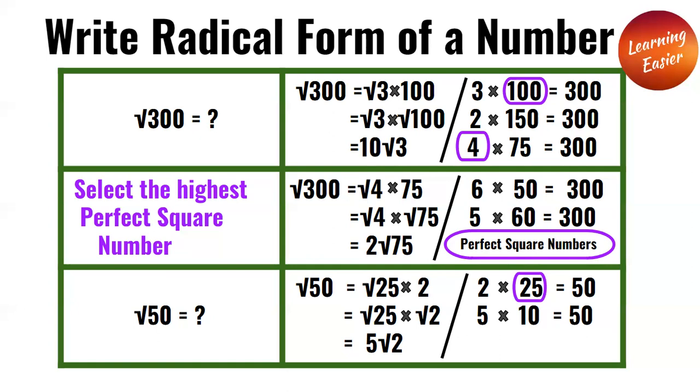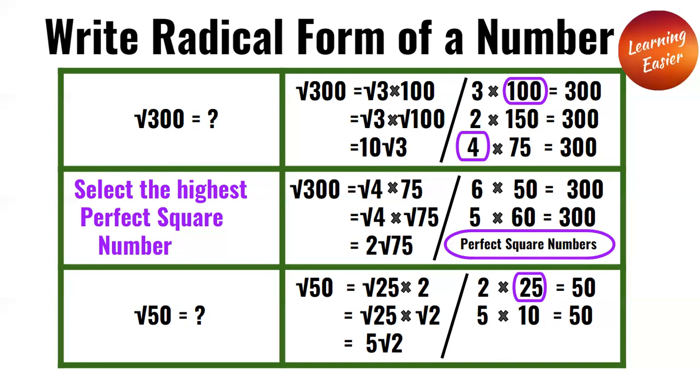Even if 4 times 75 could work, it's not the highest, and they could mark it wrong. So always choose the highest perfect square as a factor if you are simplifying radicals. Square root of 50. The factors of 50 are 2 times 25, which is equal to 50, 5 times 10, which is equal to 50.